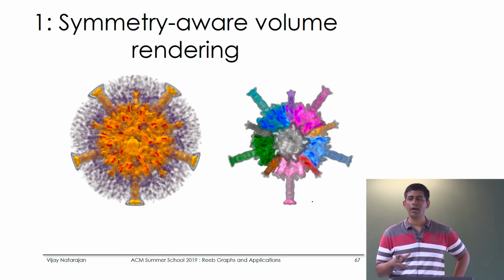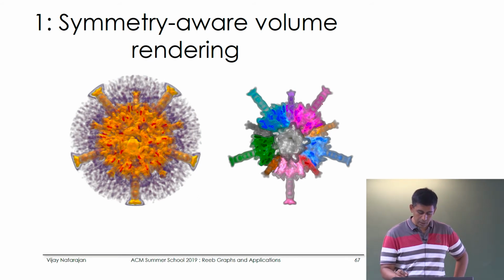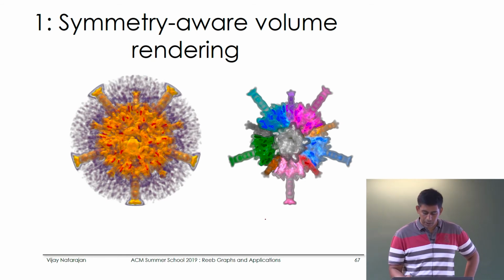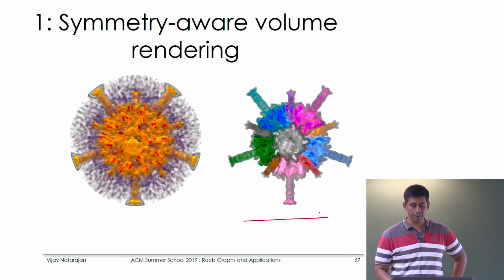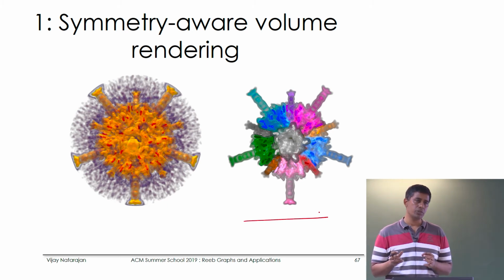This is called dodecahedral symmetry. Each unit is a copy of this unit, it is a copy of the blue unit, a copy of the pink unit, and so on. This picture is generated by first computing the contour tree, finding the symmetric regions, and highlighting them, explicitly showing that these are copies of each other.